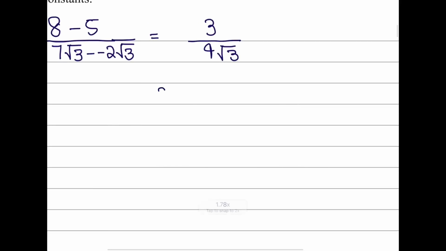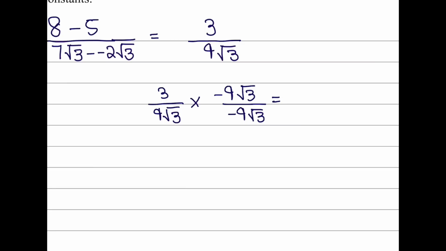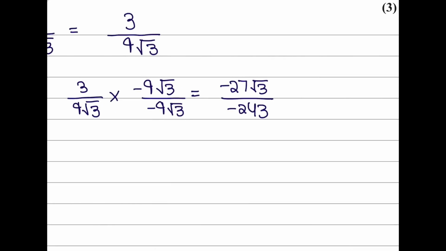So I'm going to take this 3 over 9 root 3 and multiply it by root 3 over root 3 to get rid of the surd at the bottom. 9 root 3 times root 3 is 27, so this gives 3 root 3 over 27, which simplifies to 1 over 9 into root 3.